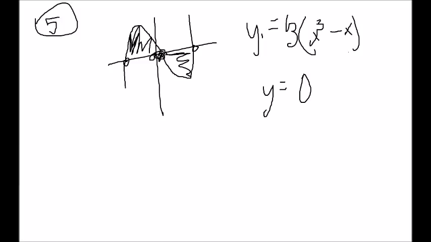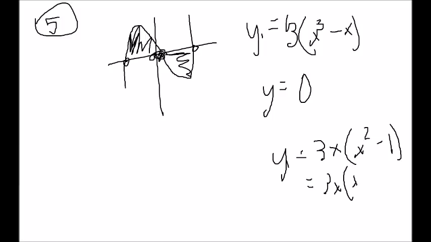And then we know that, by factoring y1, we take 3x, and now it's x squared minus 1, which equals 3x times x plus 1 times x minus 1. So that means zeros would be at 0, 1, negative 1.